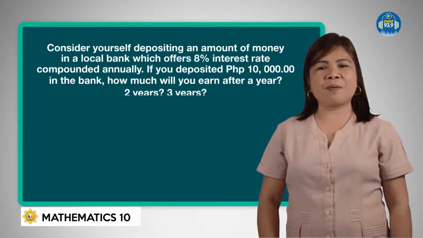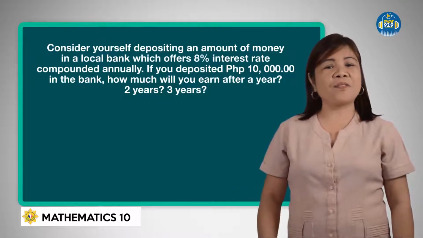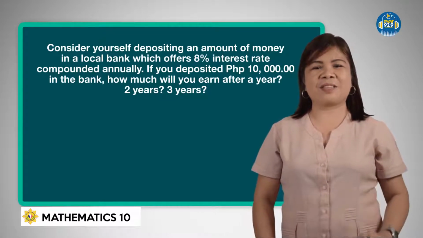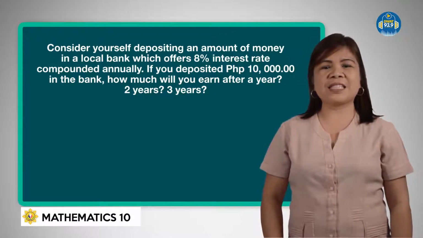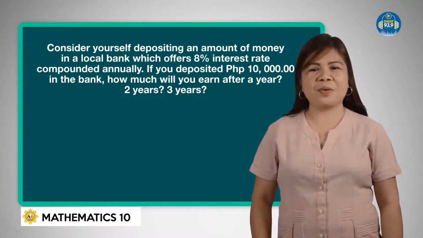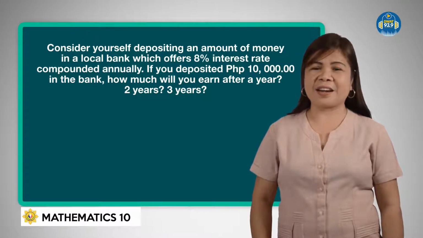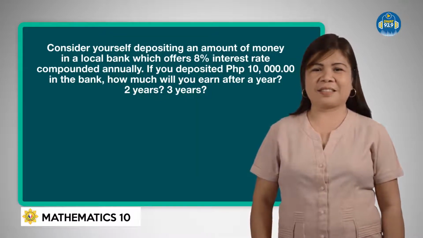Consider yourself depositing an amount of money in a local bank which offers an 8% interest rate compounded annually. If you deposited 10,000 pesos in the bank, how much money will you earn after a year, 2 years, or 3 years?